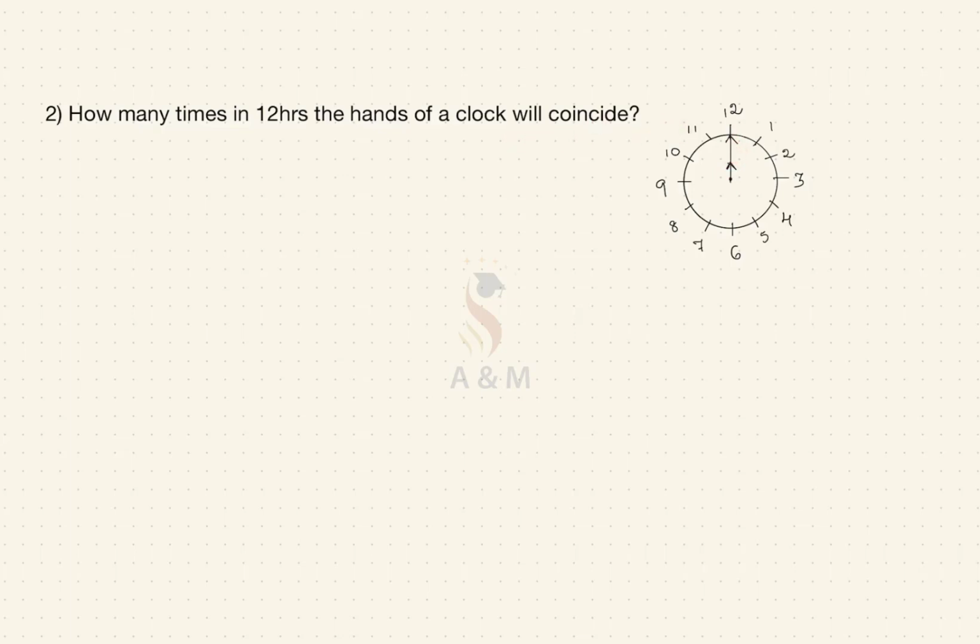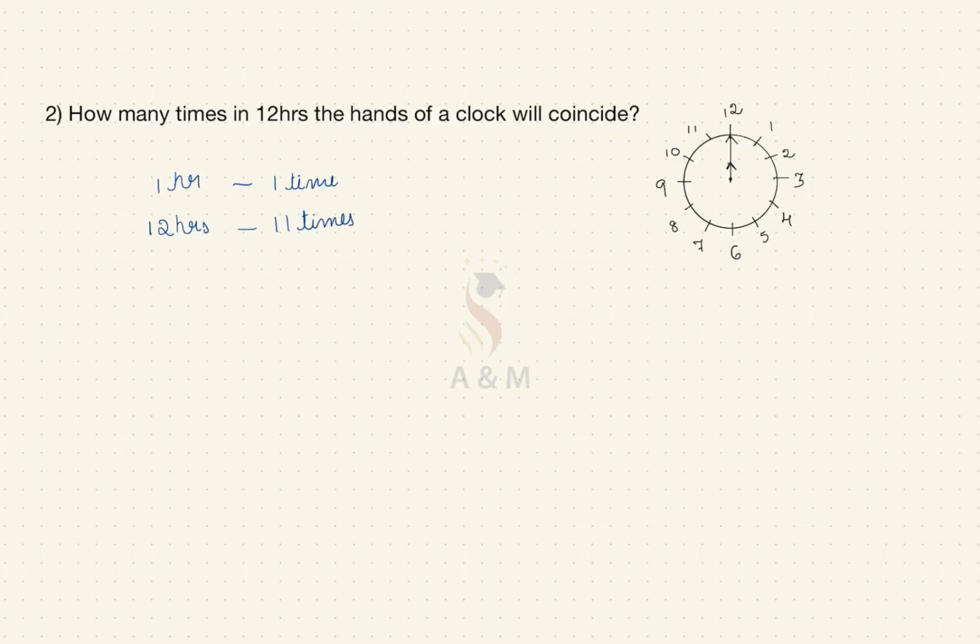Just remember that for every 1 hour, the 2 hands coincide only once. That means for every 12 hours, does it coincide 12 times? That is 12 into 1. No, that is wrong. It coincides 11 times only.